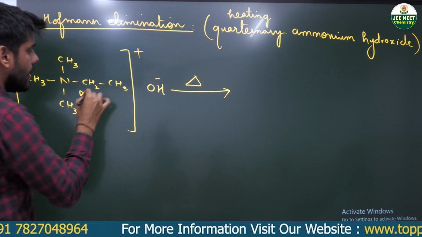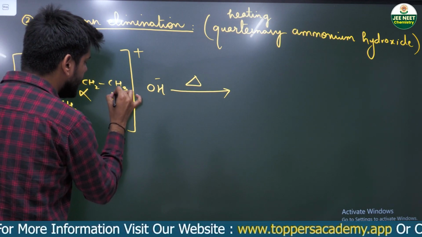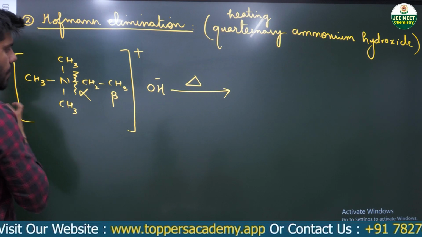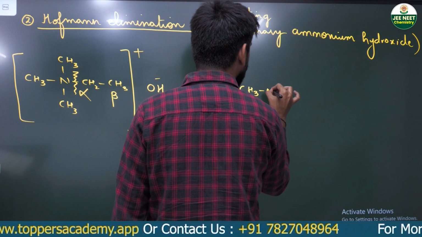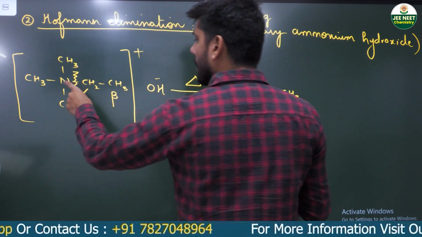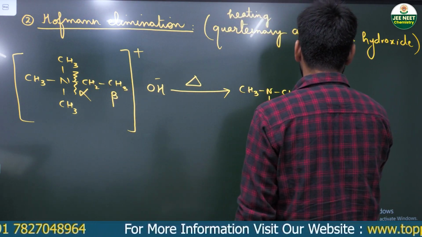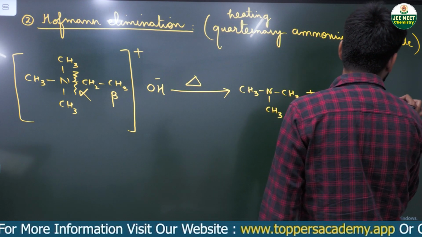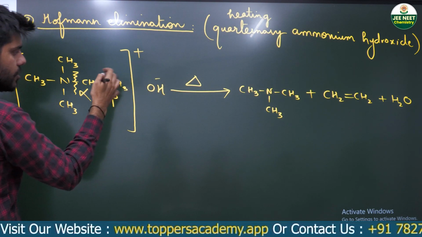Elimination means alkene formation. This is the alpha, this is the beta. Just break this bond. You will get tertiary amine, CH3 N CH3 CH3, plus the alkene formation, plus you will get water. OH minus will abstract this H. Is that clear? Yes, sir.